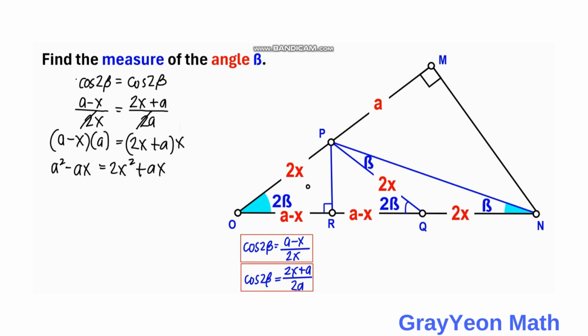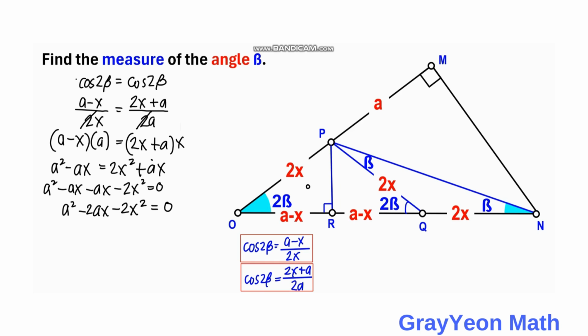Putting the ax to the left-hand side, we have a squared minus ax minus ax minus 2x squared equal to 0. This gives us a squared minus 2ax minus 2x squared equal to 0.